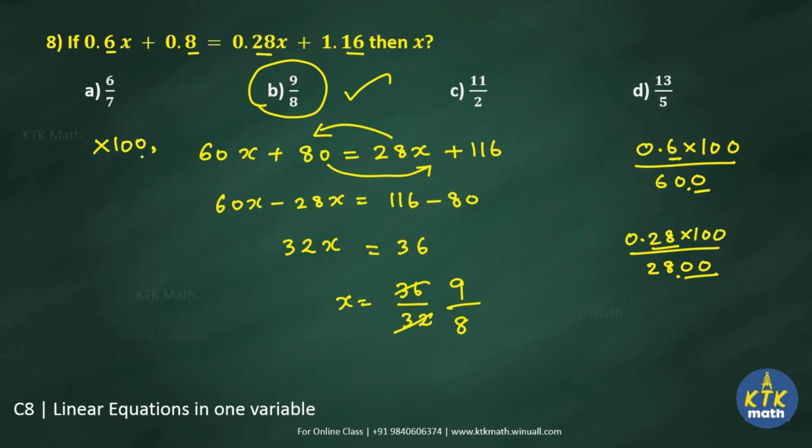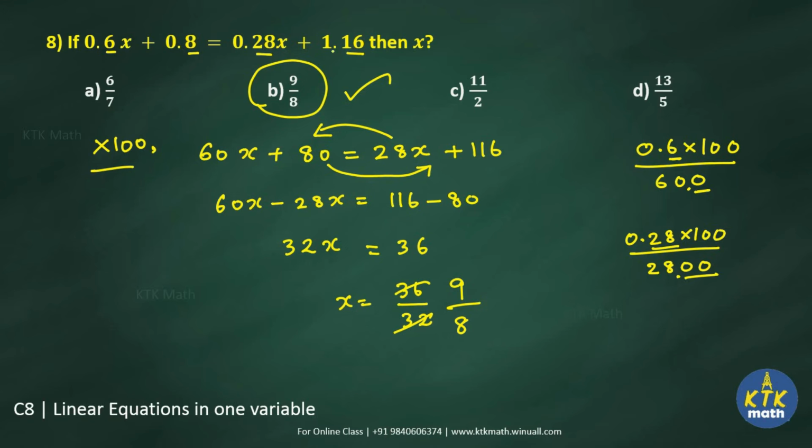Even if you don't want to do this question by this method, that is multiplying by 100 and converting it into an ordinary problem without any decimals, if you want to do it with decimals, then you will get the same answer. Try to understand that. The method we use to get the quick answer is very important, right? So I made this question easier, like an ordinary number problem, by multiplying everything by 100.